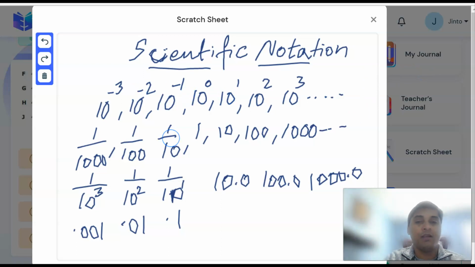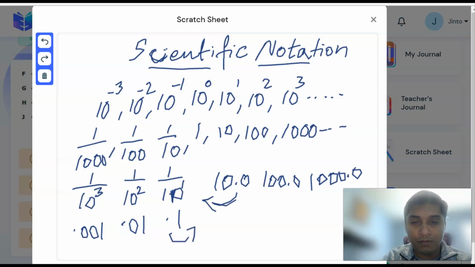But on the left side, the values are less than 1. 1 over 10 is 10 to the power of -1, 10 to the power of -2, 10 to the power of -3, which is 1 over 1,000, or 1 over 10 cubed. Or 0.1, 0.01, 0.001. Now we are trying to move the decimal to the left or to the right.